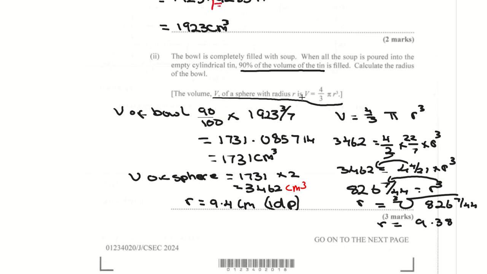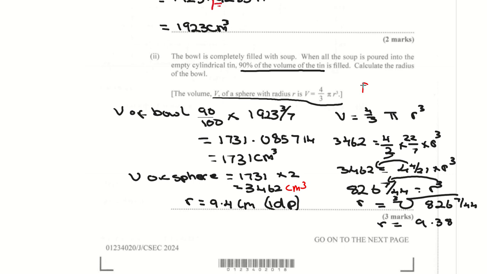Now, they told you that the volume of the sphere is V equals 4/3 pi r cubed. So 3462 equals 4 over 3 by 22 over 7 by r cubed. We want to calculate r.